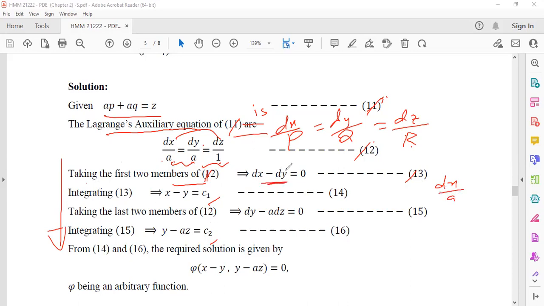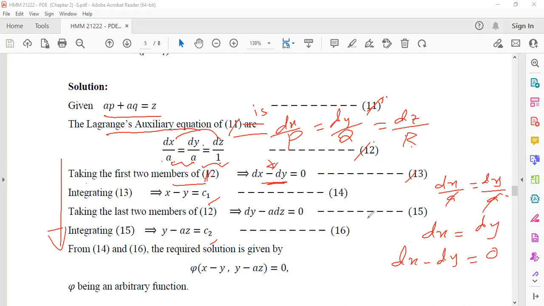Don't write short answers; write nicely in order. You can cancel out these two, so we end up with dx equal to dy. Then dx minus dy is equal to zero.